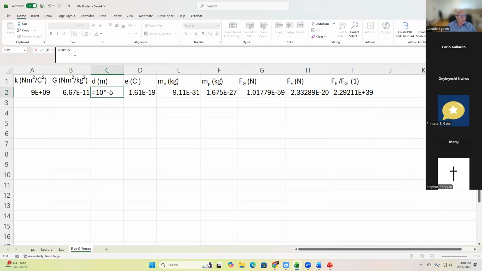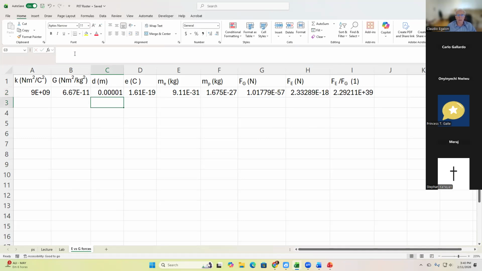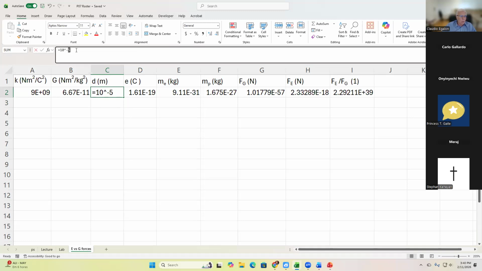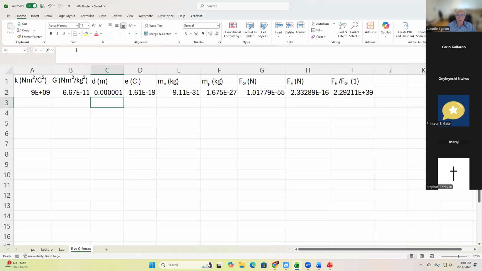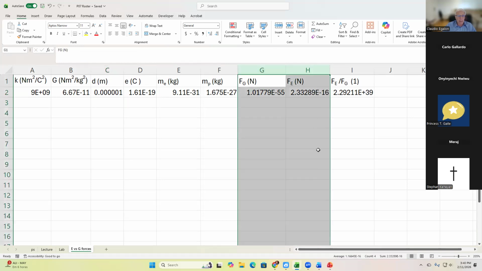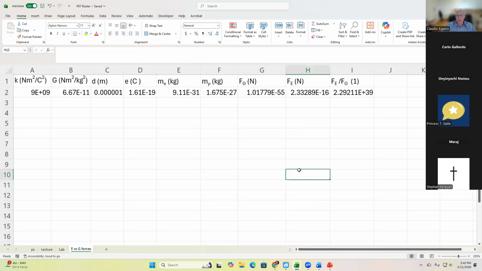Now they are 10 microns distance. Here you go. The ratio didn't change again, right? But each separate force changed. What about 1 micron distance? Okay? That's the type of force that you get for those distances, right?